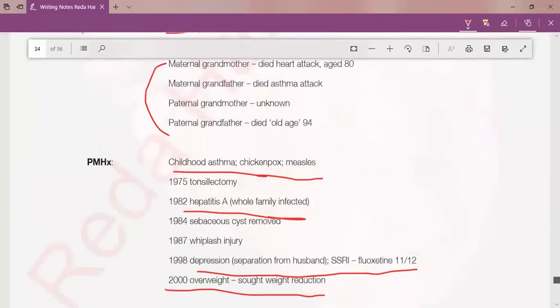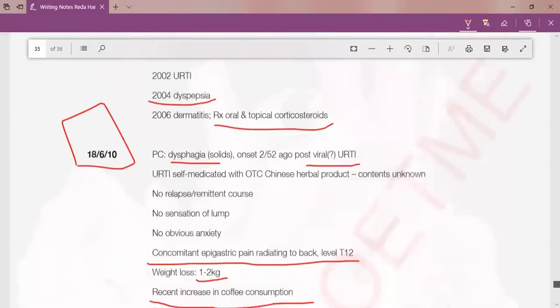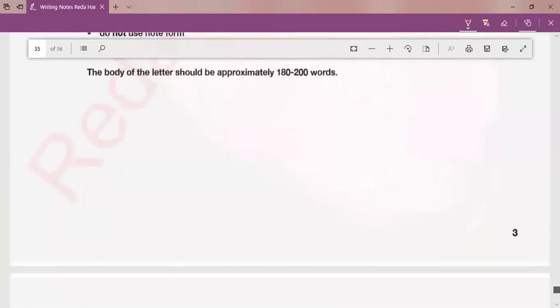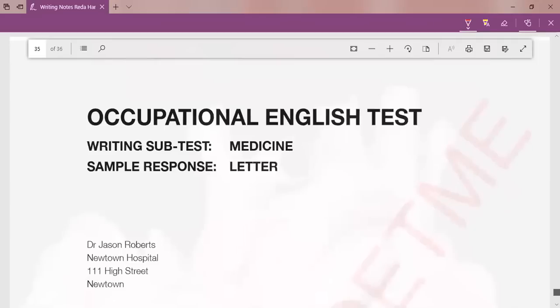How to do that? Selecting, go from down to know the first part of your letter. You will write here like this: Dr. Jason Roberts. Then the specialty, Gastroenterologist.